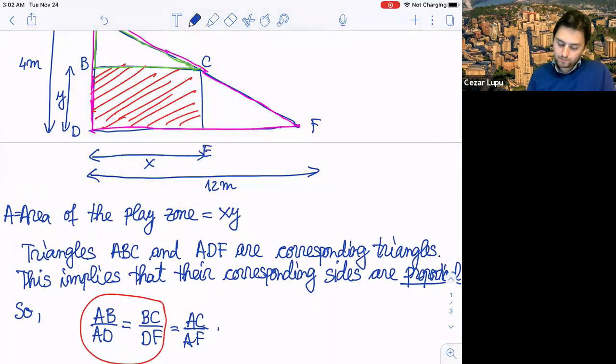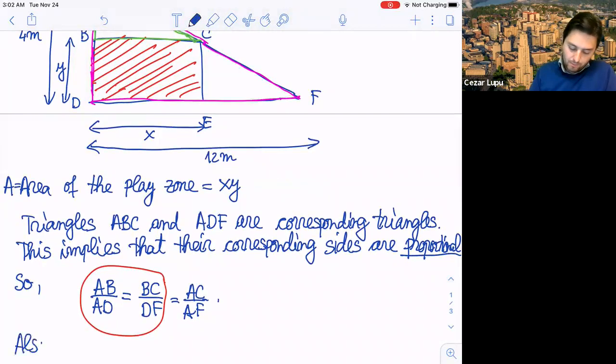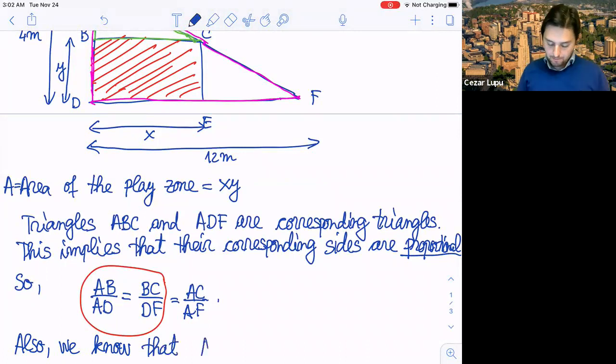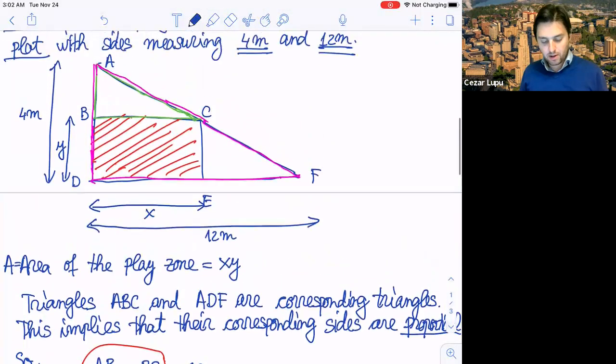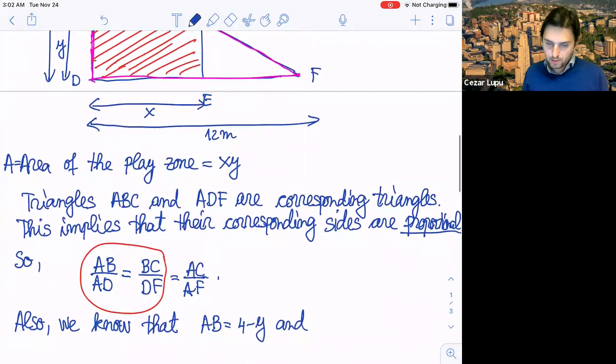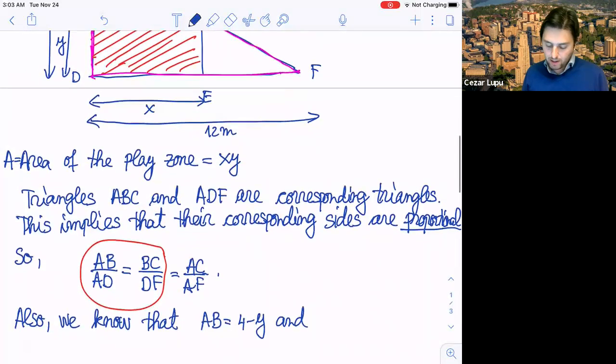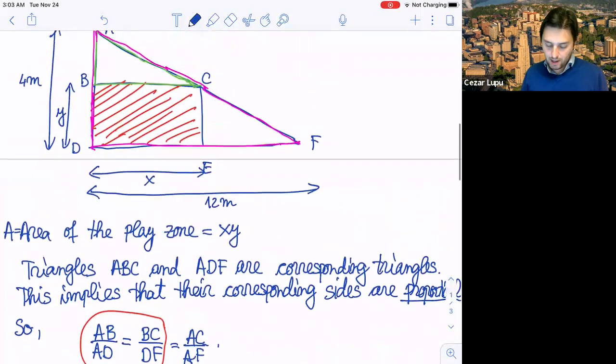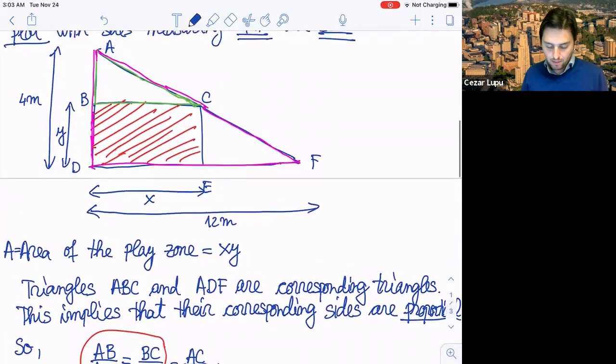So also we know that AB is, if we look at the picture, look here, it's 4 minus y, and BC will be x. So let's write all of them. AD is 4, and DF is 12.